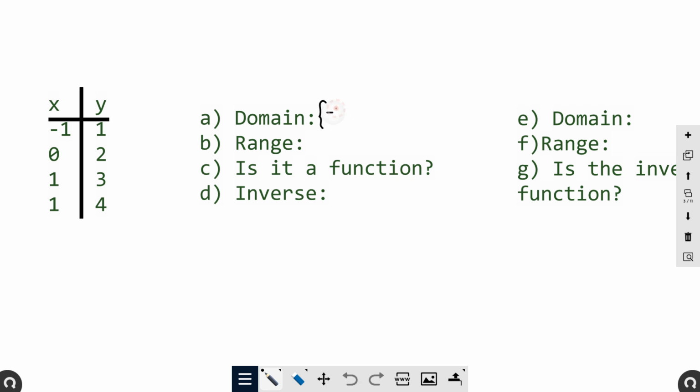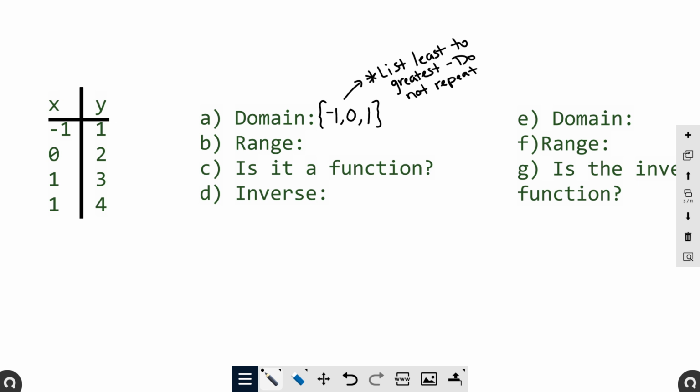So your domain for this would be -1, 0, 1, and then close your curly bracket. So make yourself a note. List least to greatest. Do not repeat. So that's how we figure out our domain.